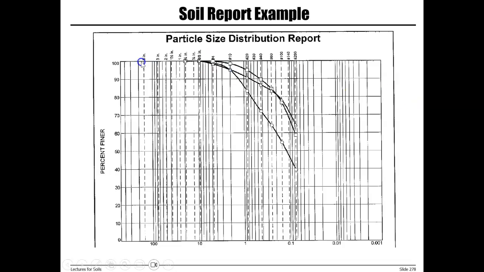We have 8 inches, 3 inches, which is 76.2. That's the upper limit for gravel. We have 1.5 inch, 3/4, 3/8 inch, and sieve number 4 here. It's the lower limit for gravel and upper limit for sand, and the sieve number 200 here.